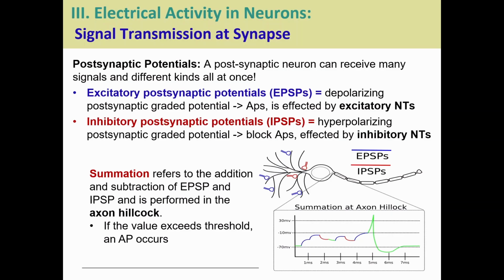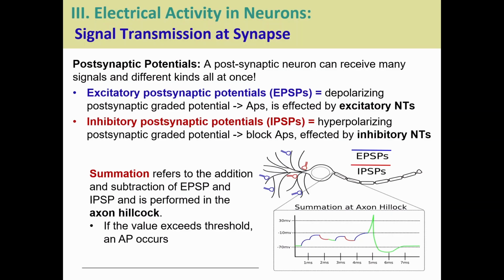Inhibitory postsynaptic potentials are hyperpolarizing. So they're going to bring the charge even lower, fighting to bring the charge even lower than it is, which goes against sending an action potential. So it blocks an action potential. That's why we call them excitatory and inhibitory.